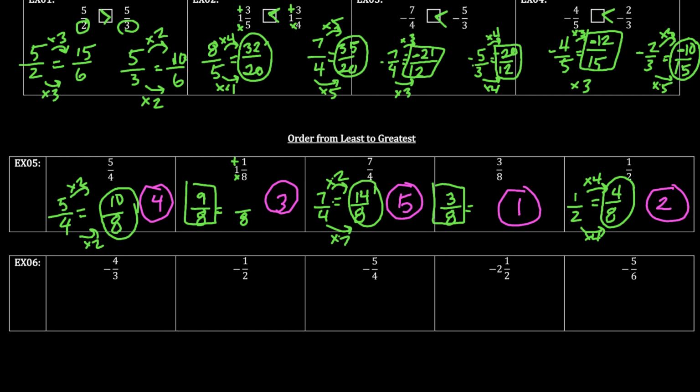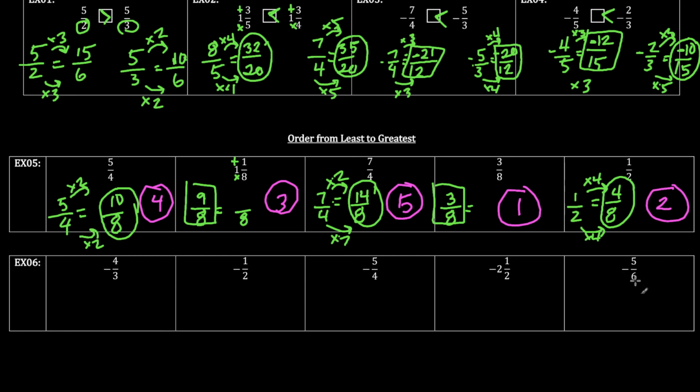I guess we got to do it one more time. This one we have negatives. So thirds, halves, fourths, halves, sixths. You should check the largest, 6. But 4 doesn't go into 6. So I just like to keep counting by it.